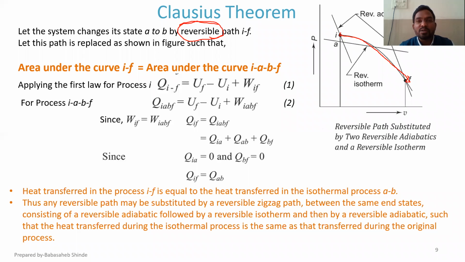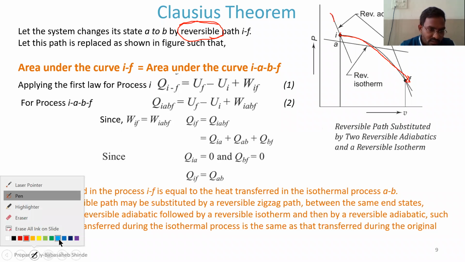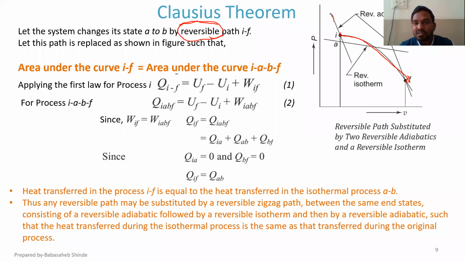Now I want to replace this process by using this one. Let me change the color of the pen. This one, a reversible adiabatic process. Then from here, this is a connected process, that is a reversible isothermal process, and from here this inclined process, and that is another reversible adiabatic process.